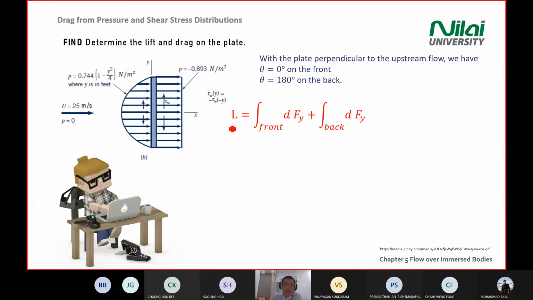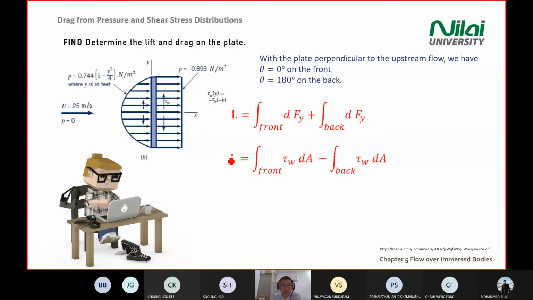Now again, no matter whether it's lift or drag, we will have a pressure component and a shear stress component. It depends on the angle between the flow and the pressure or shear stress. Because the angle is 0 degree on the front, your lift will only have shear stress, because your pressure is now parallel to the upstream.